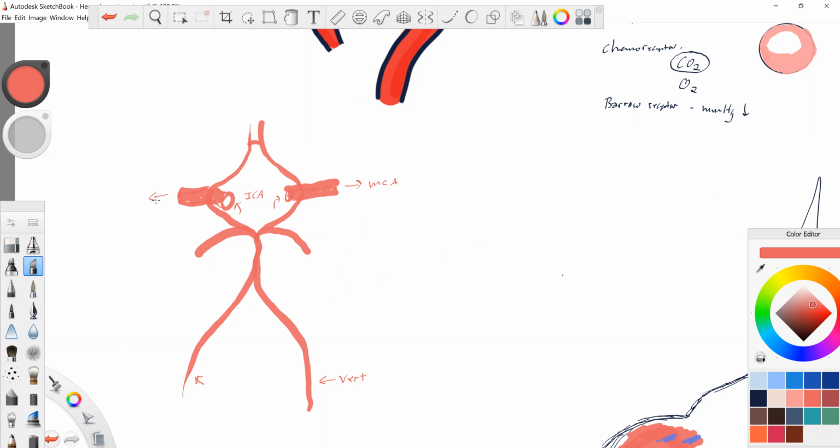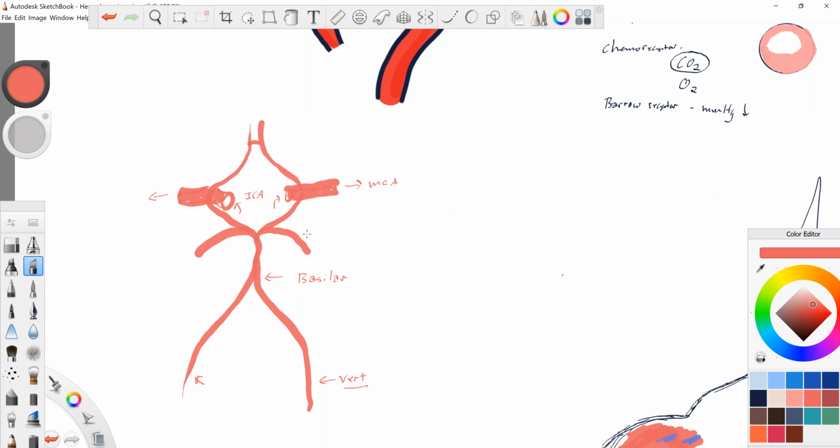Okay, let's jump back down to the vertebrals. They join in the back, in the neck, just below the skull. Goes into the occiput. This is the basilar artery. This one is the basilar artery.